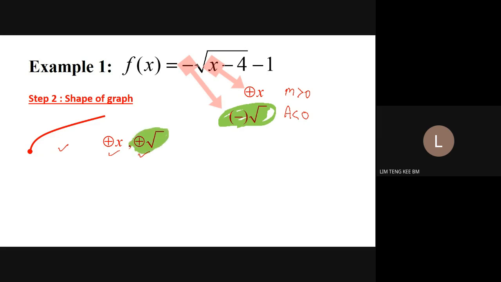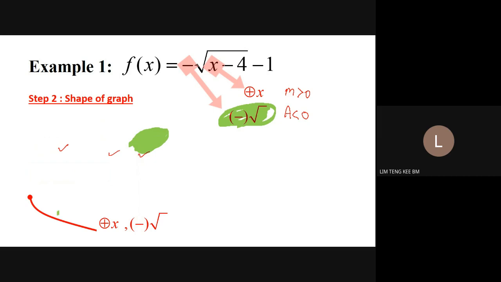In that case, I need to flip the graph vertically, and it gives me the shape like this. So remember, this is the shape of the graph that we need.